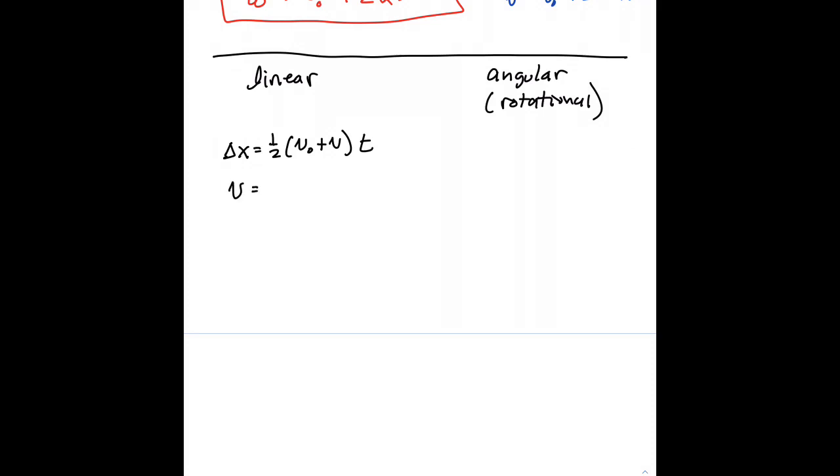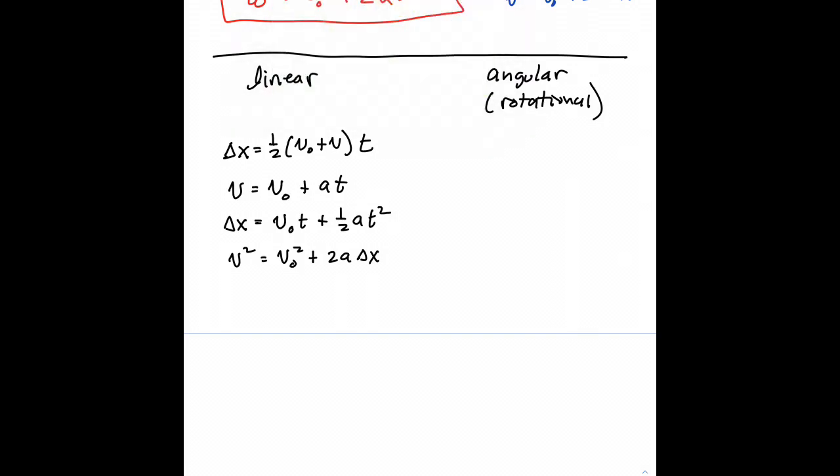Final velocity is equal to initial velocity plus acceleration times time. Displacement is initial velocity times time plus 1/2 at squared, and final velocity squared equals initial velocity squared plus 2a delta x.